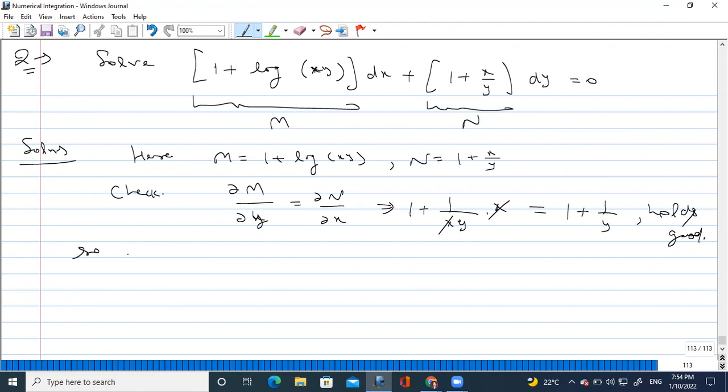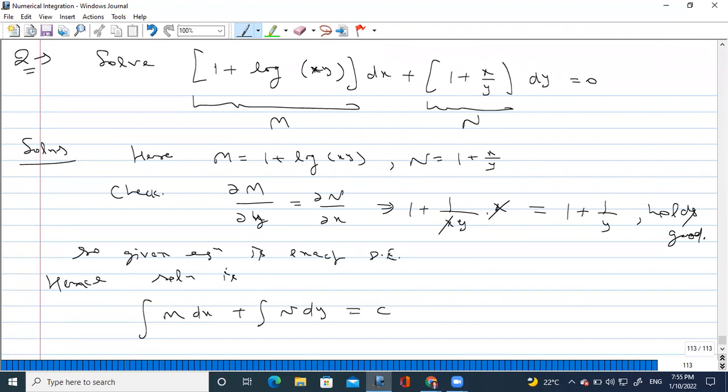So the given equation is an exact differential equation. Hence, the solution will be integral m dx plus integral n dy is equal to c.